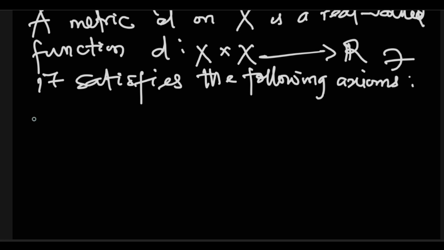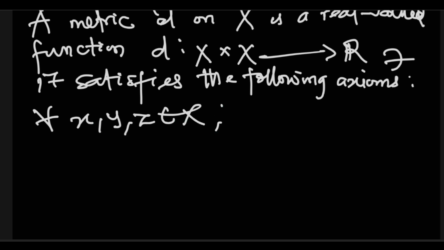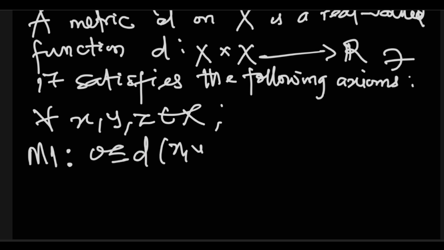Okay, so for all x, y, z in X, the first condition is called finite and non-negativity. So axiom 1 is 0 less than or equal to d(x,y) less than infinity.